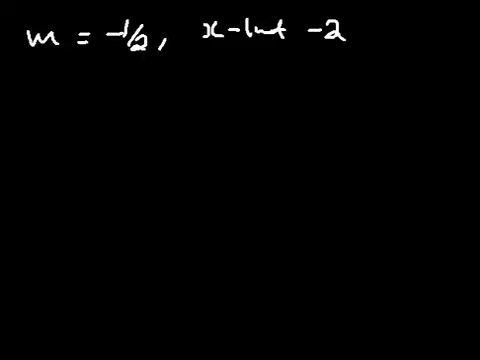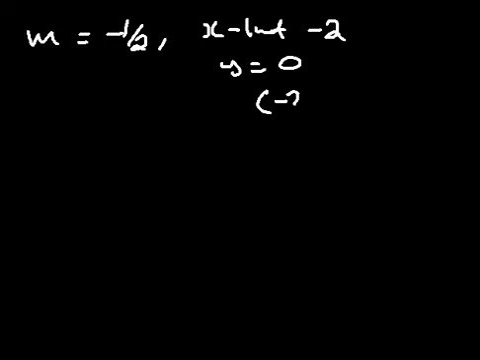Now what if we have the gradient given as -1/2 and the line passes through an x-intercept, let's say -2? So what is the x-intercept -2? In that case, y is 0.